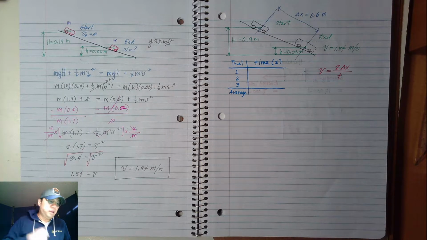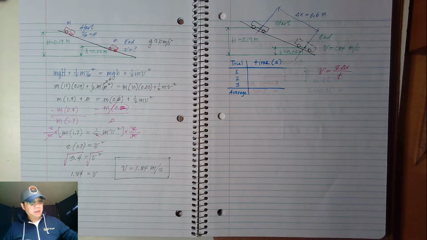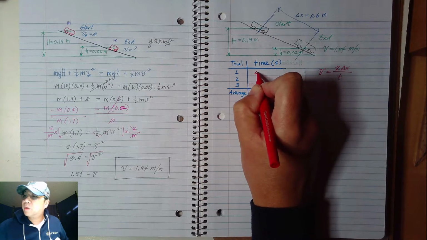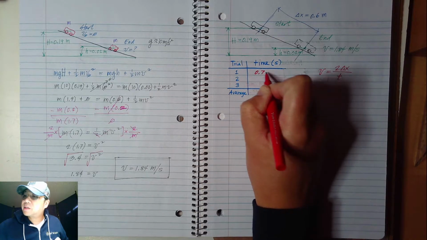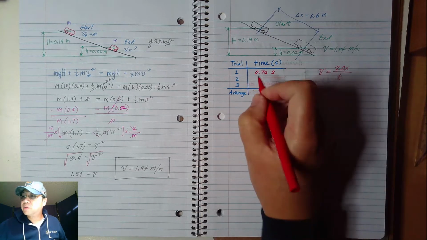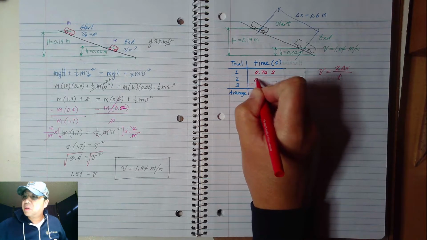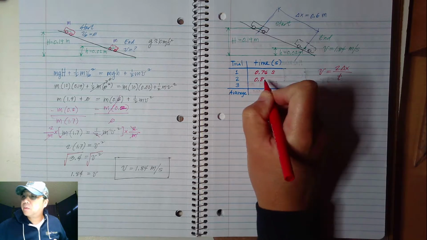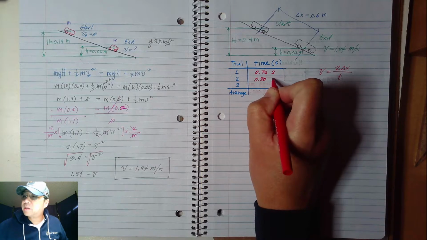So what if, by chance, when the experiment was conducted, our student who conducted the experiment collected a time of 0.76 seconds. I'm just throwing in some possible numbers. And then another student conducted it and was able to get 0.8 seconds.